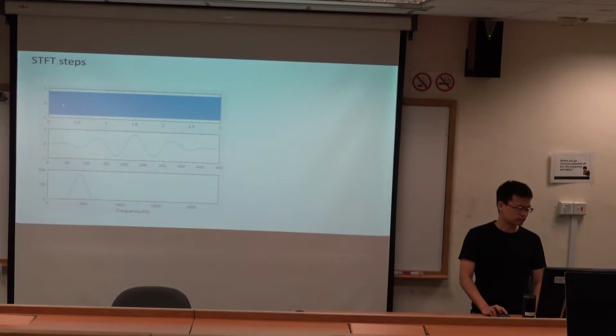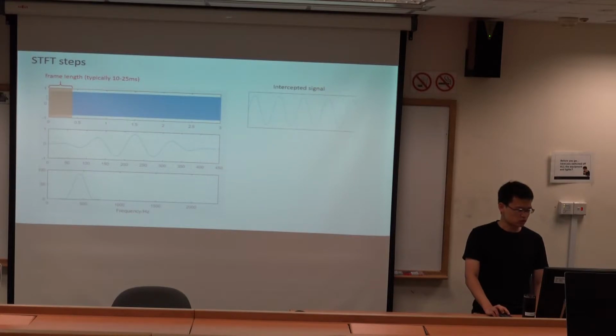First, this is the original sine. Actually, this is a very dense sine wave. I choose a frame here. It's typically 10 to 25 milliseconds. I draw it very long to make sure you can see it.